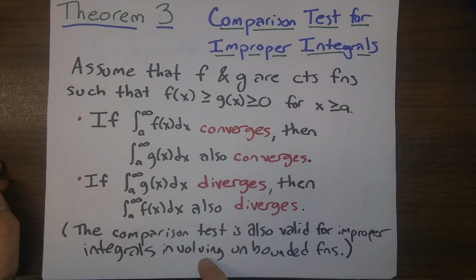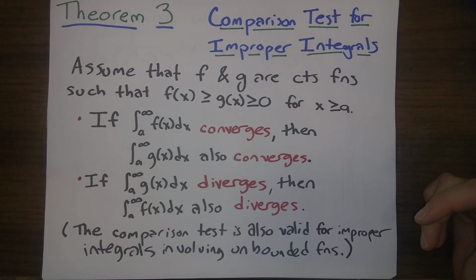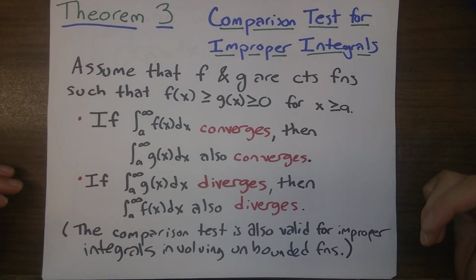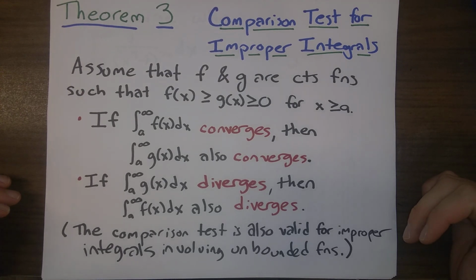And also I should say that the comparison test is also valid for improper integrals of other types, those where we have a finite interval but an unbounded function, stuff like that.